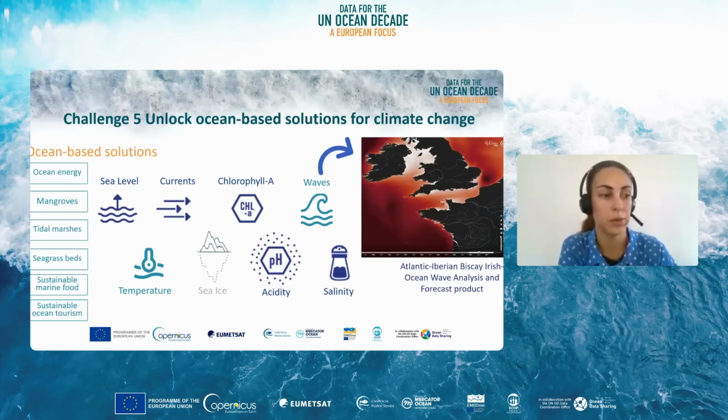You can see here on the right a snapshot of a wave analysis and forecast product on the Iberian Biscay Irish region. This data can be really helpful when thinking about developing ocean energy solutions and investing in technologies that can help reduce greenhouse gas emissions.